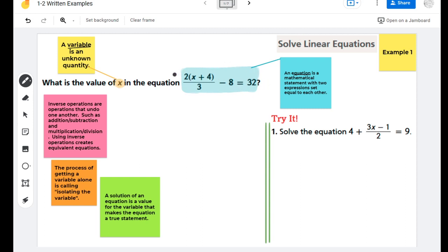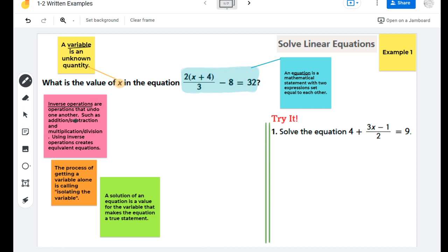Now, in order to solve an equation, or to figure out what x is, you're going to have to utilize what are called inverse operations. An inverse operation is addition, subtraction, multiplication, division, something along that line, which undoes one operation.